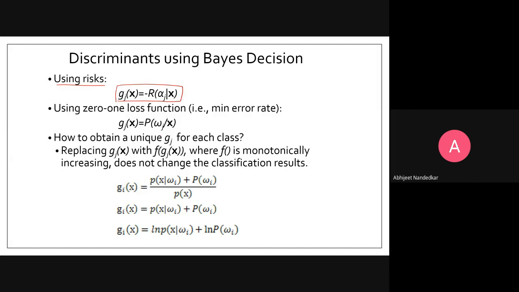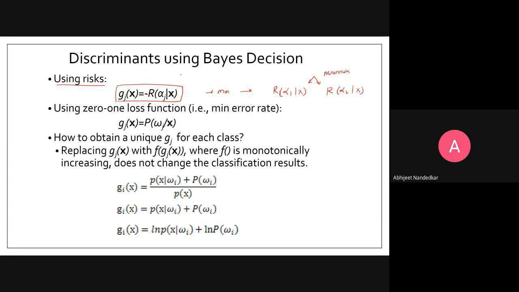There I just write a minus here because I am searching for the max. The risk we calculate is R for decision alpha 1 given x, and R for alpha 2 given x. Then we choose the minimum between these two, right? To take a decision, we want minimum risk.